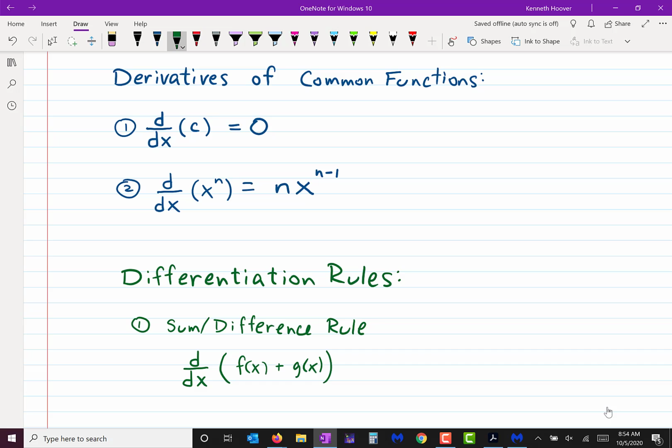So let's write this up here at the top. Let f and g be differentiable. Remember, that means that they have a derivative.